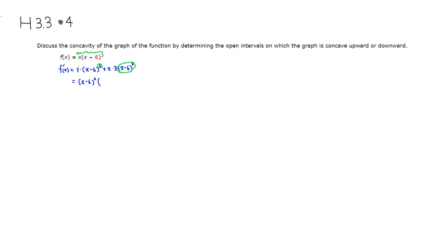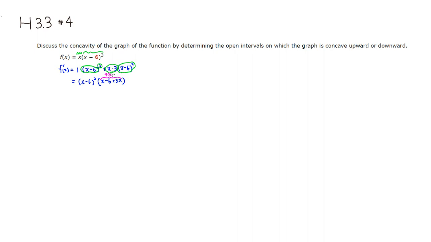Then we have another x minus 6 there, so I'm going to put x minus 6. Then we have here plus 3x, so I'm going to add 3x there.